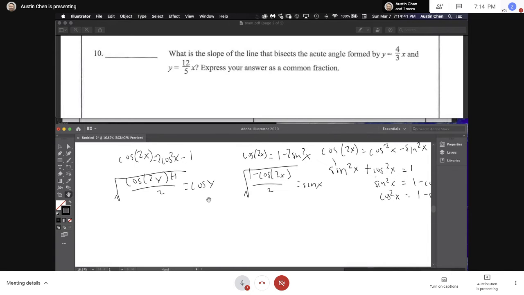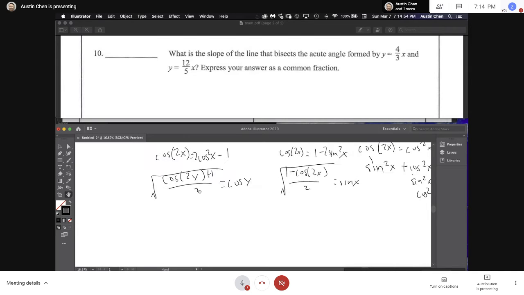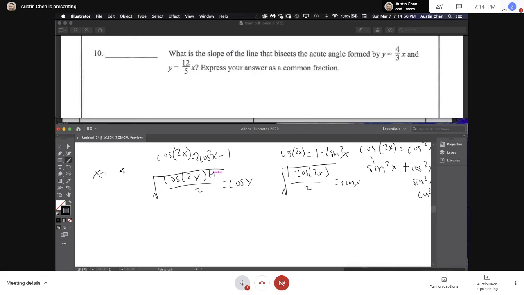Now here, we have the trig of x, and we're putting it in terms of the trig of 2 times x. You can substitute x as y over 2 or something. So then we have cosine of y over 2 is the root of cosine of y plus 1 over 2. So then you can easily see that we just derived our half angle identity here, right?